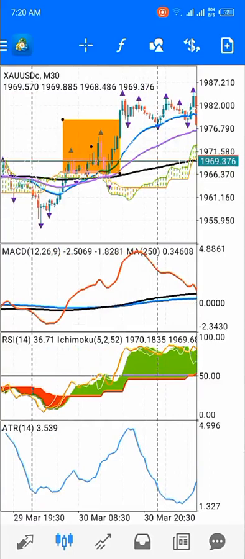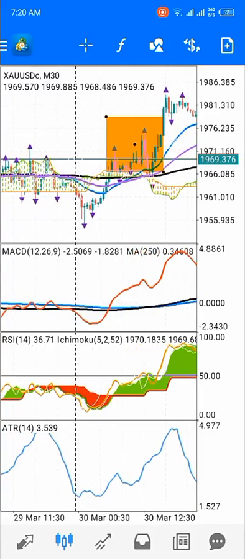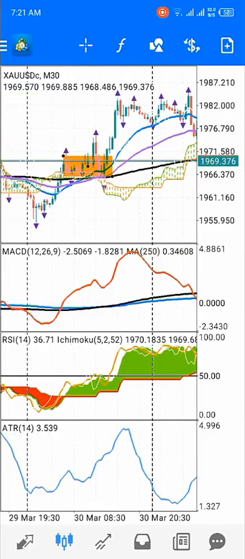For instance, at this point on the main chart, you see price breaking above all indicators. I'm talking about the Ichimoku and the moving averages.